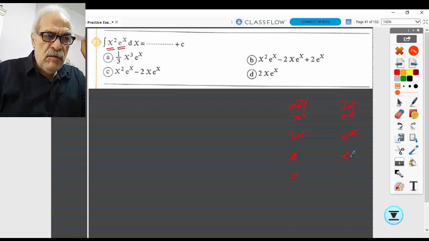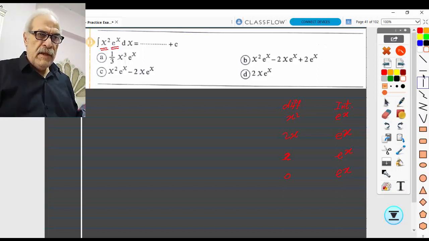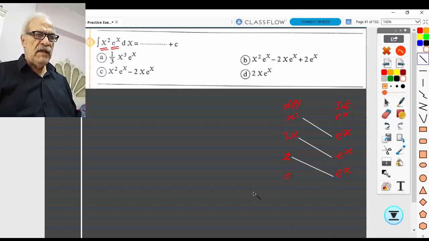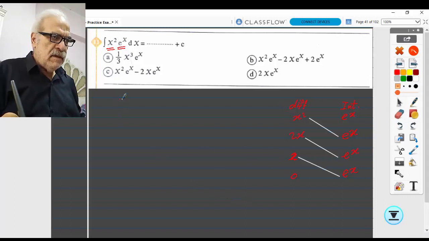Integration again equals e power x. The integration of e power x is e power x. Okay, and we draw this map here like this, and we complete the integration.